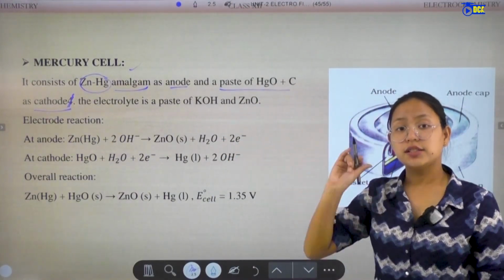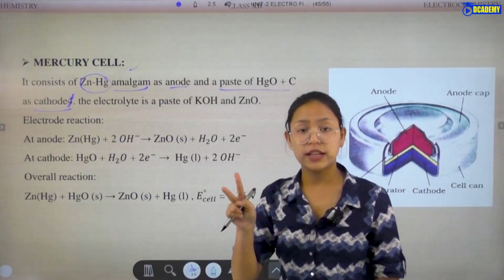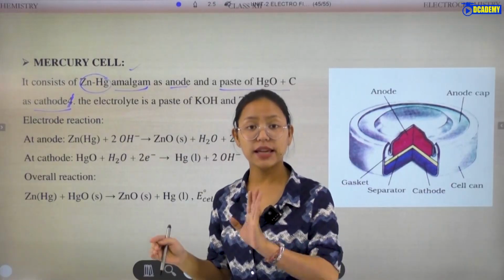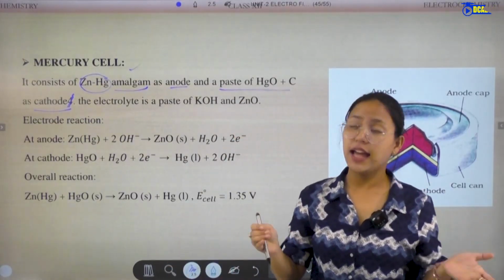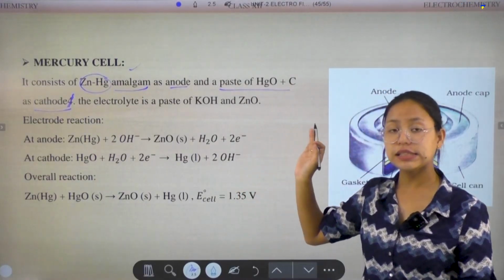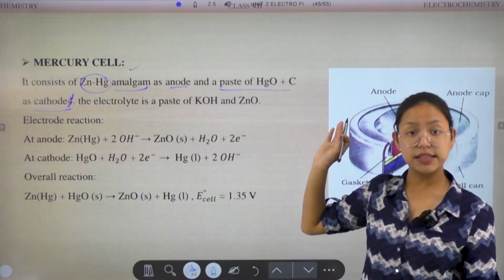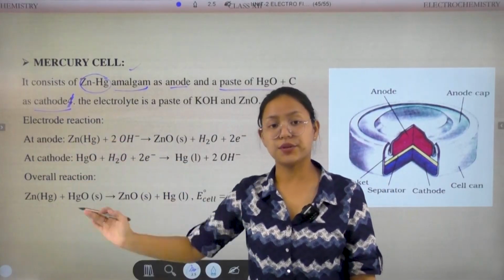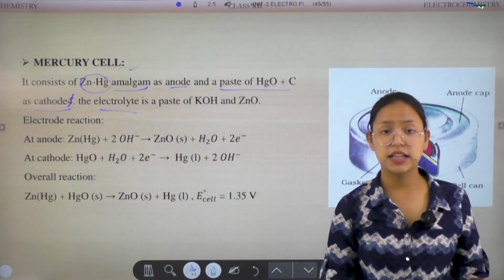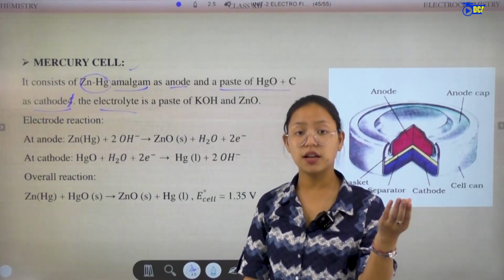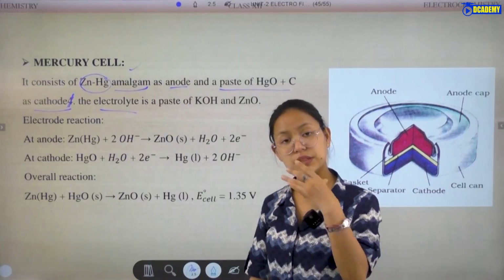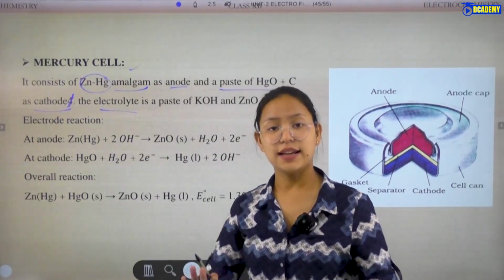So here there will be two types of electrodes. One is the zinc mercury amalgam acting as anode, and the paste of mercuric oxide plus carbon as cathode. Then the electrolyte, as in the dry cell, the paste acts like the electrolyte again.